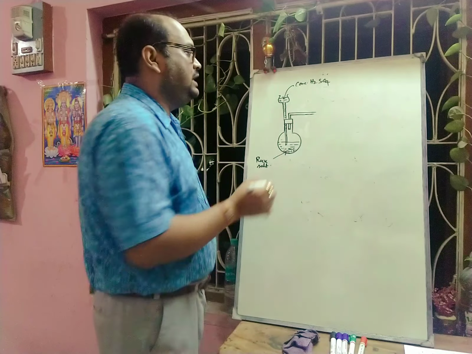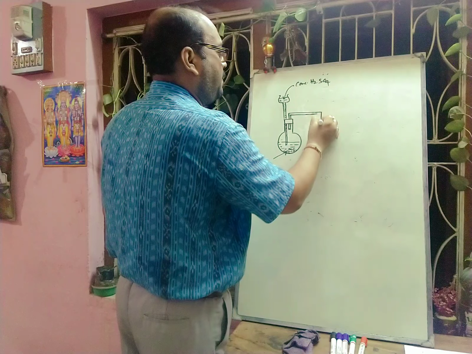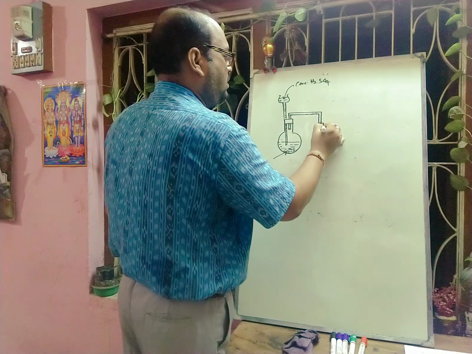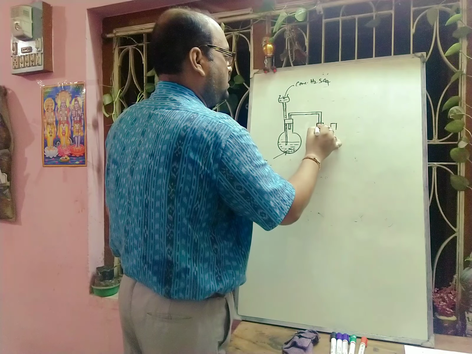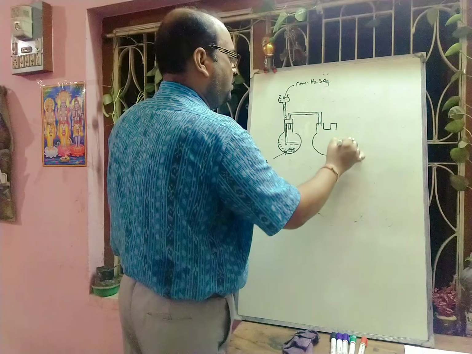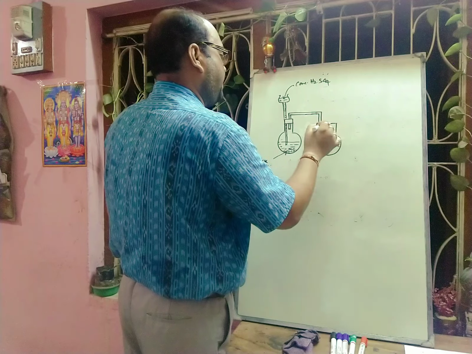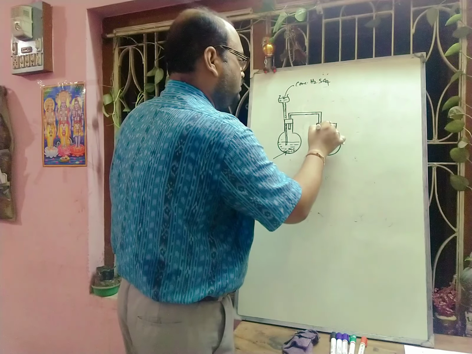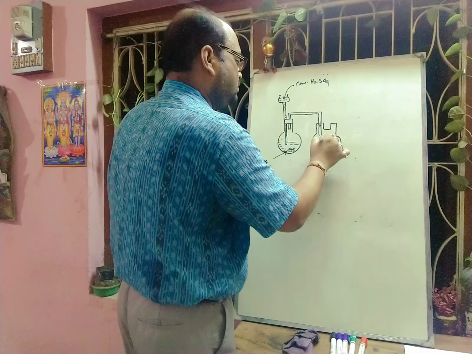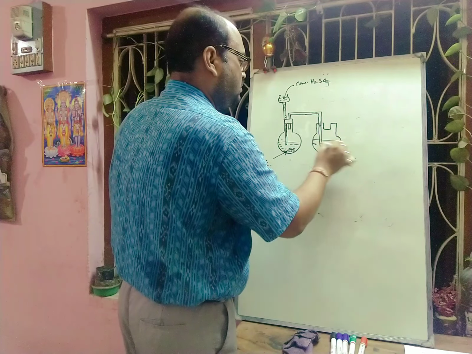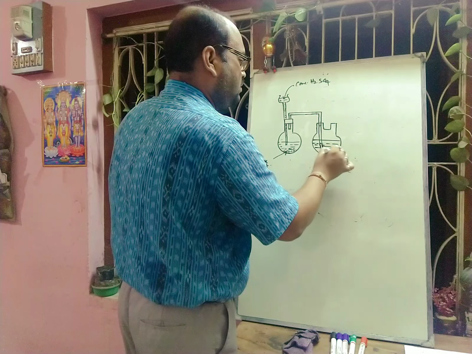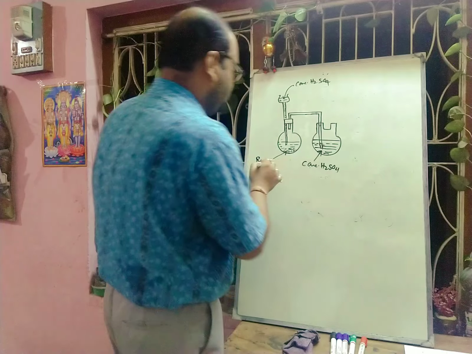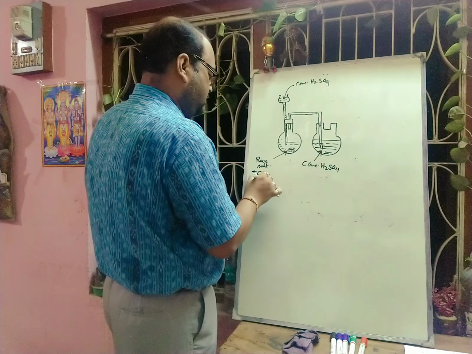That delivery tube will enter into a bottle containing sulfuric acid. That is a two neck round bottom flask. That is concentrated sulfuric acid. So here is rock salt plus concentrated sulfuric acid.